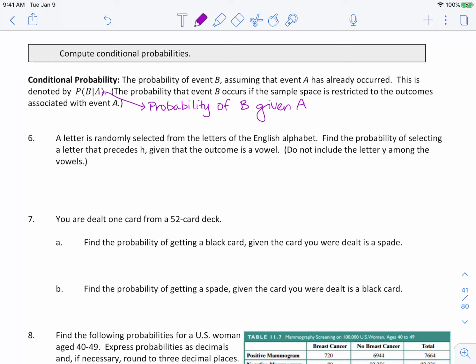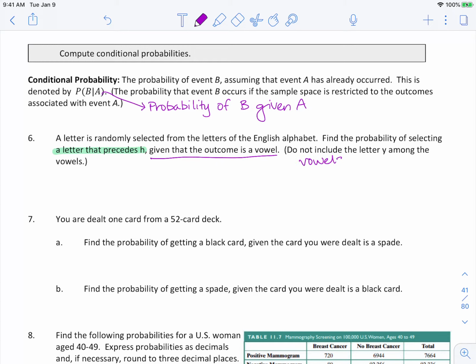All right. A letter is randomly selected from the letters of the English alphabet. Find the probability of selecting a letter that precedes H, given that the outcome is a vowel. Do not include the letter Y among the vowels. So let's think. We want a letter that precedes H, meaning comes before H, given that the outcome is a vowel.